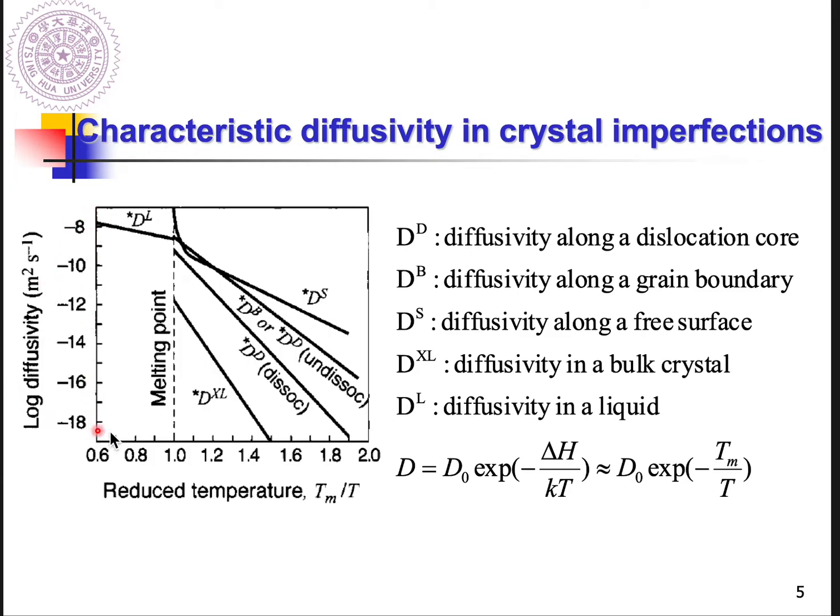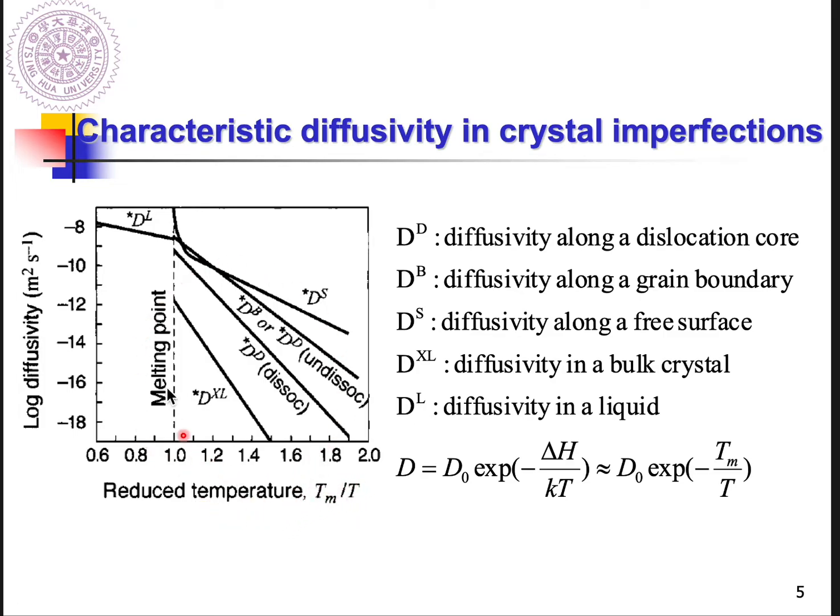In the figure, the y-axis is log diffusivity versus the reduced temperature, which is the melting temperature divided by T. As you know, the diffusivity can be expressed like this. If you take a log and plot log D versus 1 over T, then the slope will be related to the delta H enthalpy term. Okay, so now you have this idea.